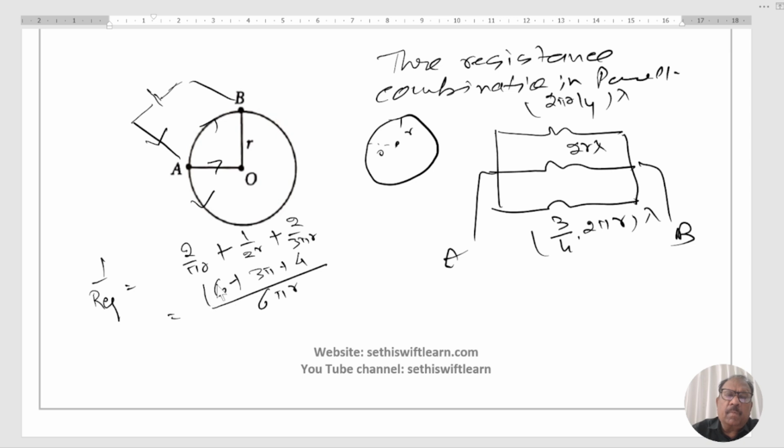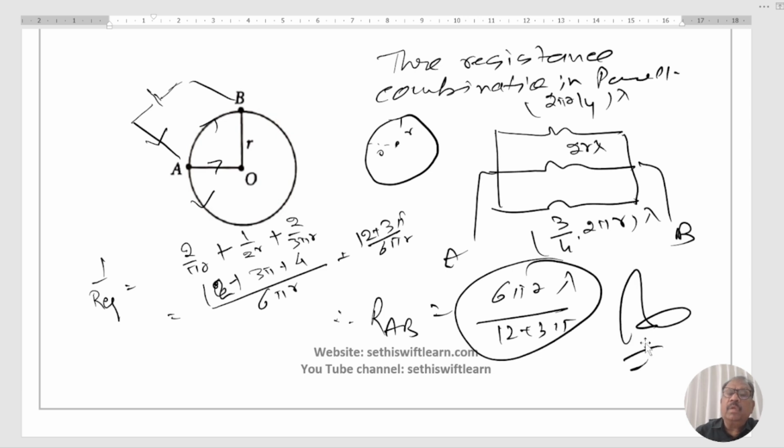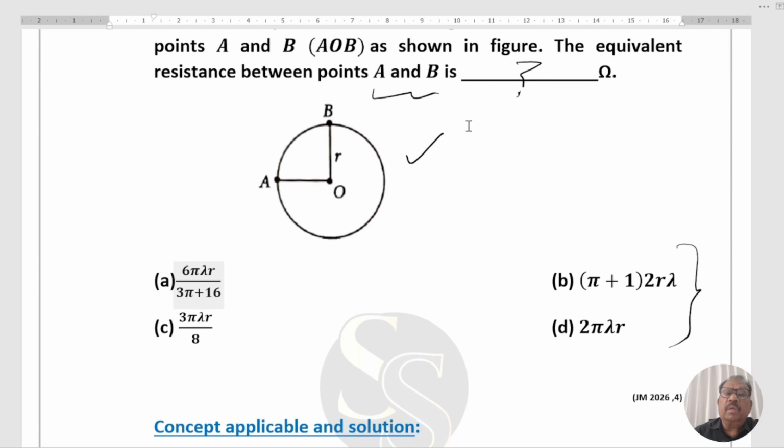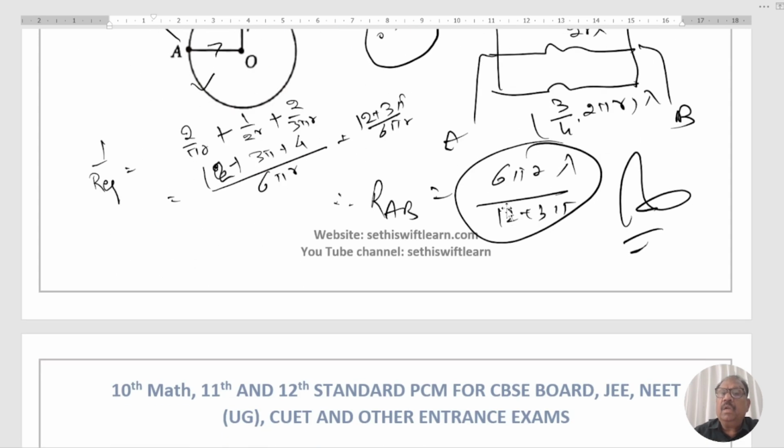This comes out to be 12. On simplification, 12 plus 3 pi upon 6 pi R. Therefore R_AB will be equal to, multiply by lambda, 6 pi R lambda upon 12 plus 3 pi. This will be the answer, the equivalent resistance between A and B. 6 pi R lambda upon (12 plus 3 pi), A is the correct answer, right?